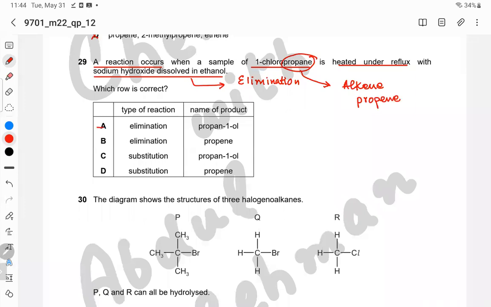So this makes options A and C wrong. Is this clear to everyone? Yes, very good, Hassan and Tisha. And D also goes wrong because in D they are saying that the type of reaction is substitution. So we are left with B. So B is our correct answer.